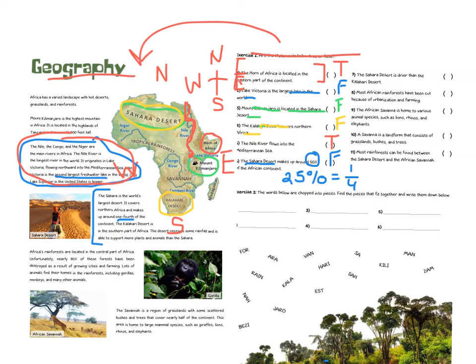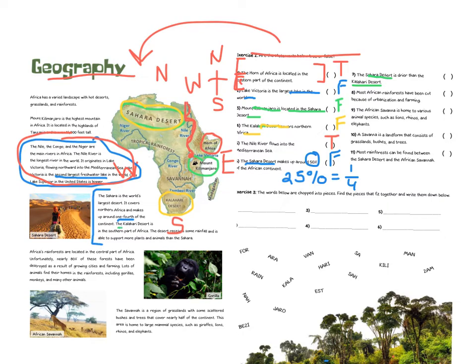I'm going to pause to let you catch up, and I'm going to use my green for number 7. So, number 7, the Sahara Desert is drier than the Kalahari Desert. I don't remember. Let me try to find the part about the Kalahari Desert. Okay, looks like Kalahari Desert's here.